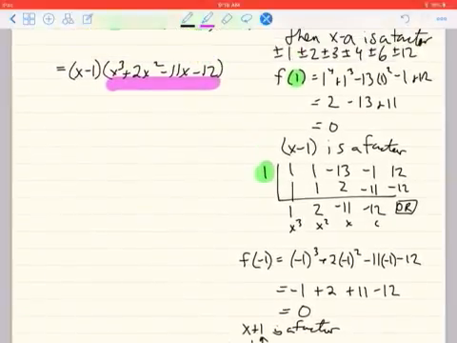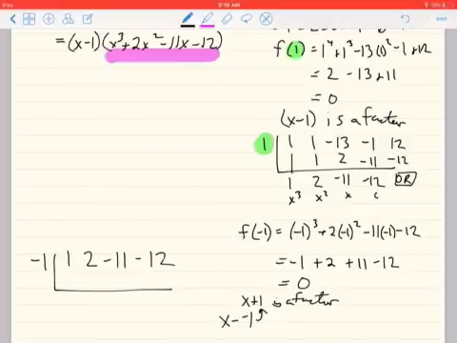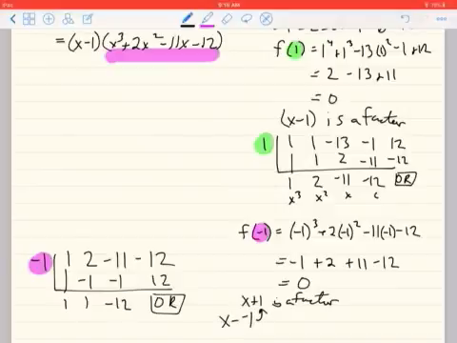So I'm just going to do that over here, where the coefficients were 1, 2, negative 11, negative 12, and I'm going to put in negative 1 here, because again, that's what this value is. So drop the 1, 1 times negative 1, add those up vertically, multiply by negative 1, add those vertically, multiply that, add them vertically, you get a 0 remainder, which is good.